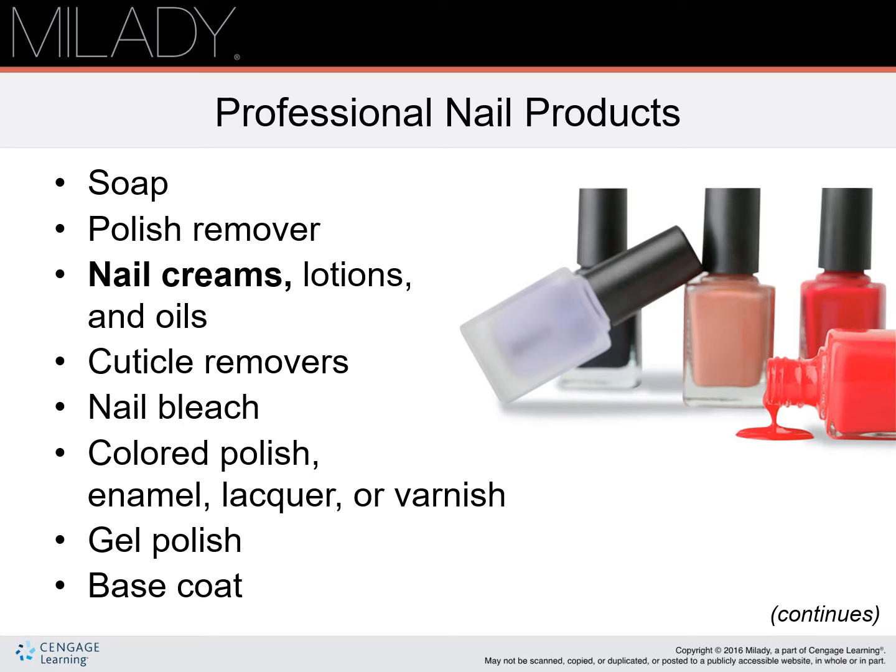Okay, so how do I use polish remover? You're going to saturate a cotton ball, a gauze pad, or a plastic-backed cotton pad and hold the saturated cotton on each nail while you silently count to 10. The old polish will now come off easily from the nail plate with a stroking motion, moving forward toward the free edge.